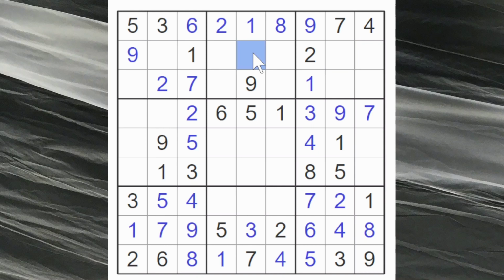And this square cannot be a 1, 2, 3, but it could be a 4, not a 5, but it could be a 6, not a 7, 8, or 9. So this is a 4, 6. This is a 4, 8. This is an 8, 6.